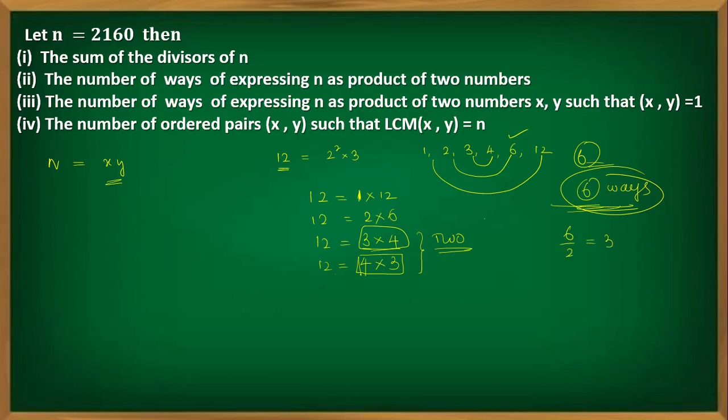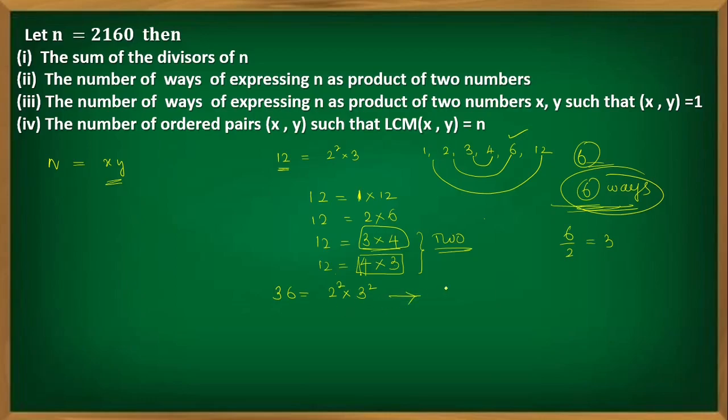What is the meaning of this? The number of ways of expressing a number as a product of two numbers is half the number of divisors. But sometimes it is not going to work. So once again, let's see one more example. 36, which is 2 square into 3 square. Now how many divisors are there?